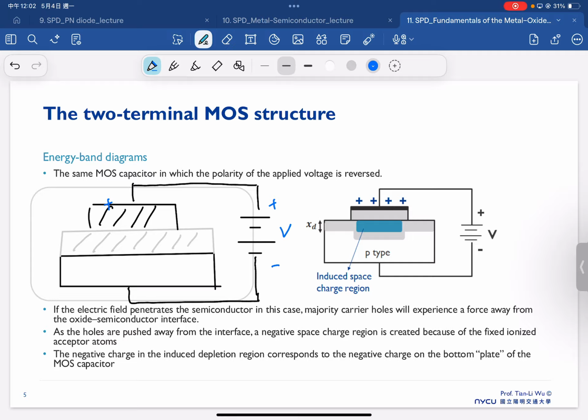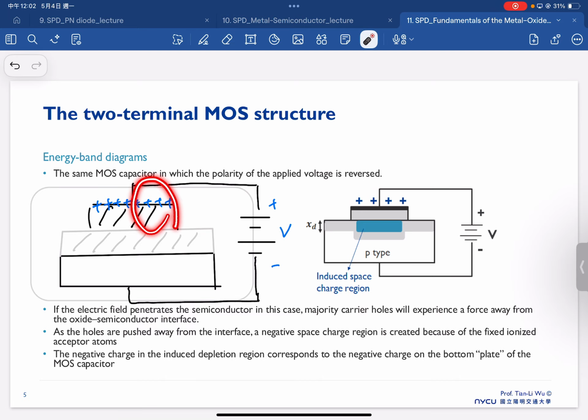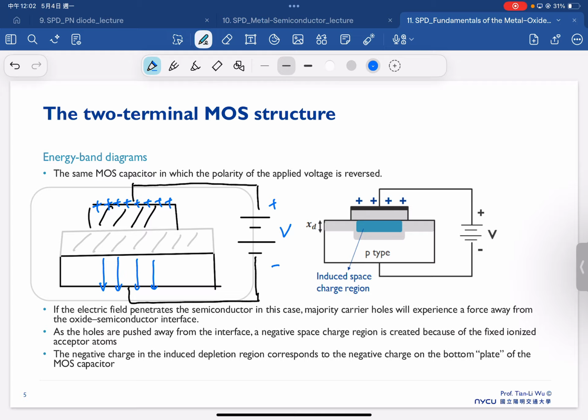The charge here corresponds to the positive. And remember again, you have a positive charge here, so it will push the holes away. The holes will try to flow out from the surface, and therefore you will have negative charge remaining at the interface.